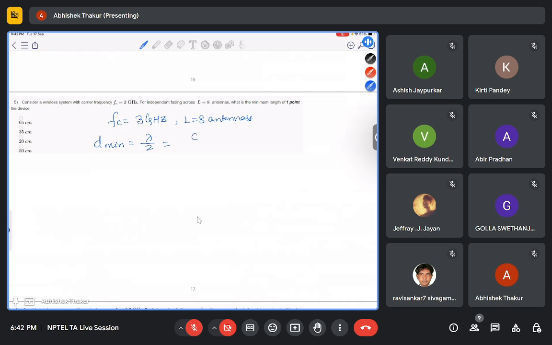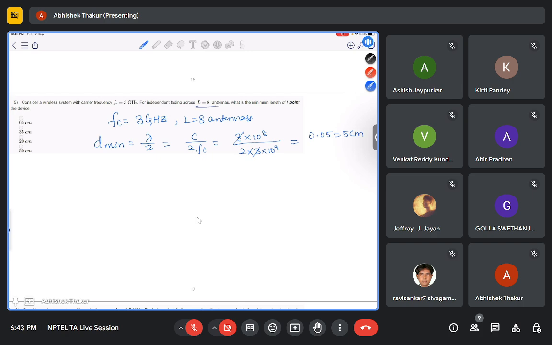So lambda is equal to c by f. It will become c by 2 into fc. The speed of light is 3 into 10 to the power 8 meter per second, and carrier frequency is 3 gigahertz. So that is equal to 2 into 3 into 10 to the power of 9. So it will be 0.05. So that is equal to 5 centimeters.